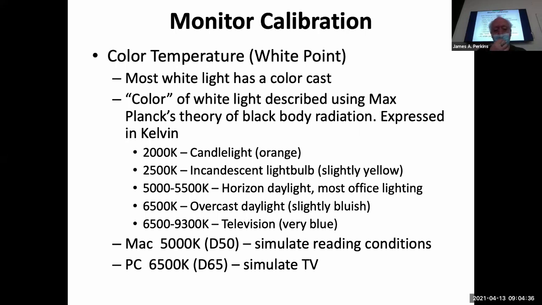And then as you get up above 6500 Kelvin, you get into light which is actually quite blue. The white actually has a bluish cast to it, very much like television broadcasts. Television broadcasts are anywhere from 6500 to 9300 Kelvin.